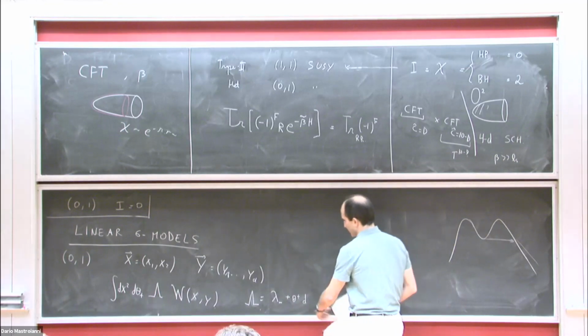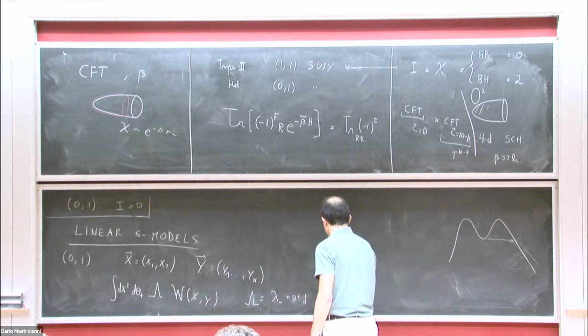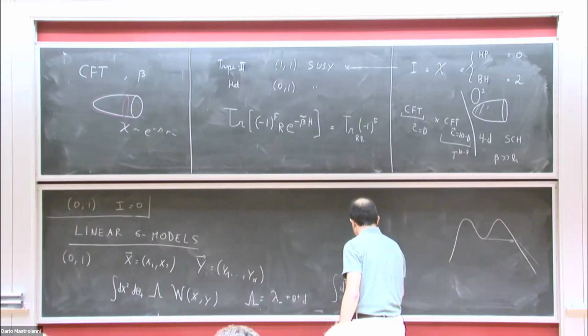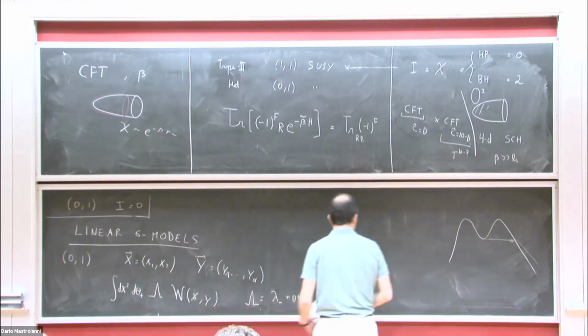After we integrate out the auxiliary field, we get the bosonic potential, which is of the form ∫d²x W², where W is the function we get here.